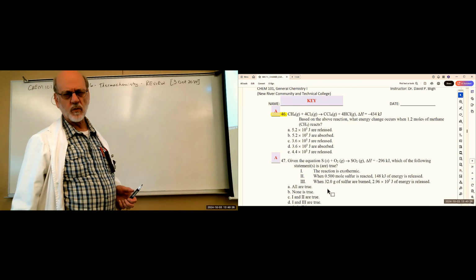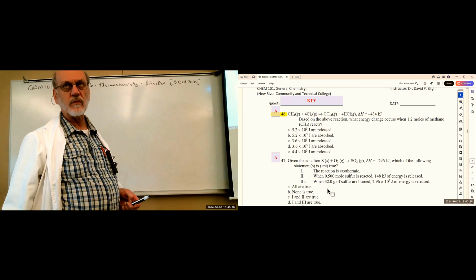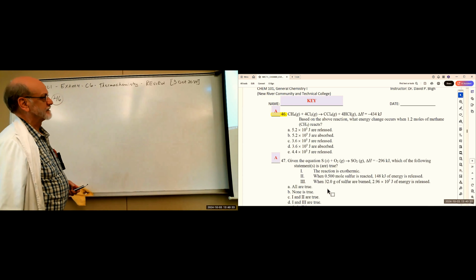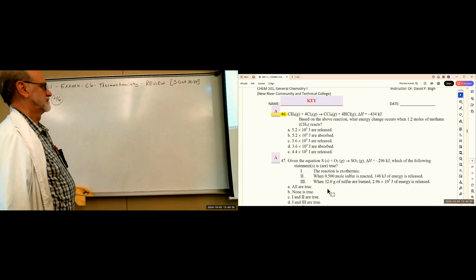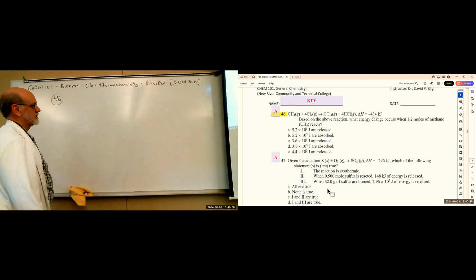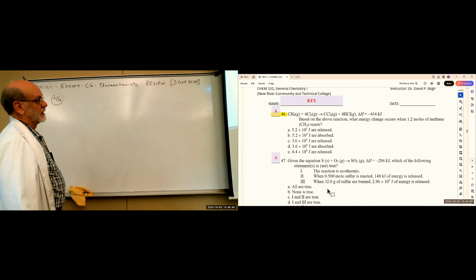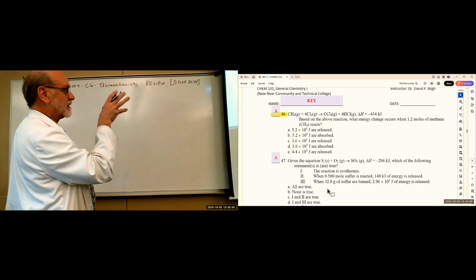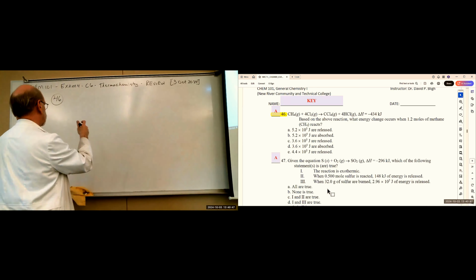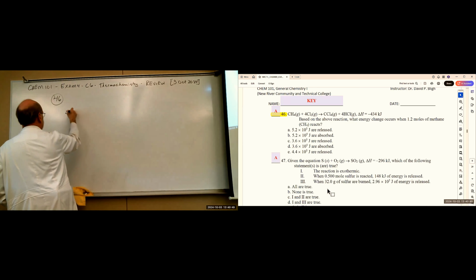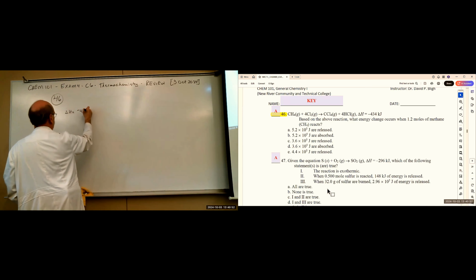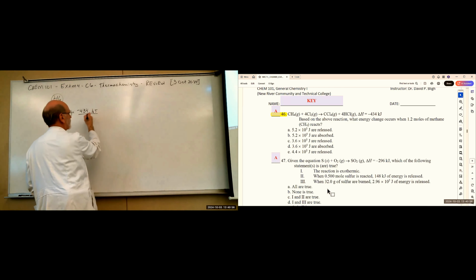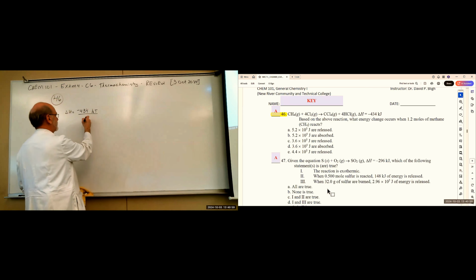Based on this above equation, what energy change occurs when 1.2 moles of methane react? All right. Actually, there's a lot of information there that we don't need. What we need out of the equation is to know how to treat the enthalpy. So enthalpy will be minus 434, right? Kilojoules per 1 mole of methane.